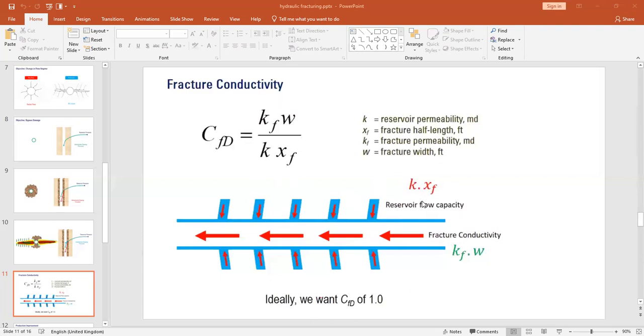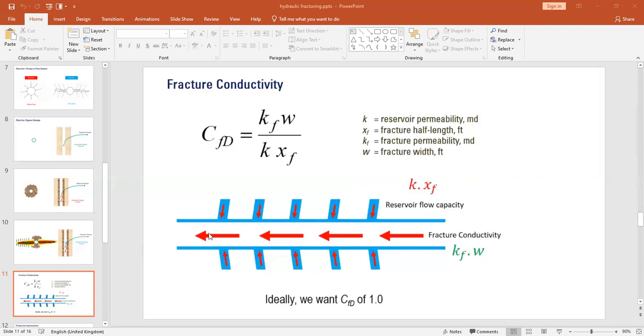But if the amount of fluid that leaves the reservoir into the fracture is more than what leaves the fracture into the wellbore, it means that fluid is being retained around this area. It means that the fracture is not conductive. That's the reason why we are talking of fracture conductivity.